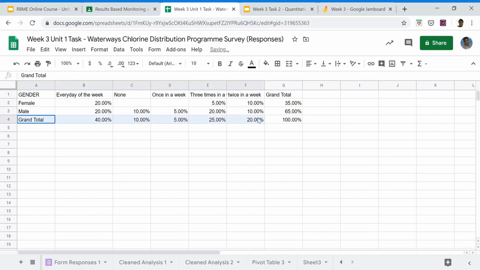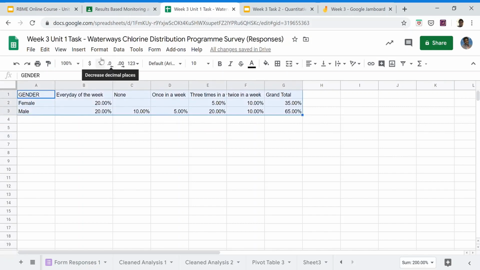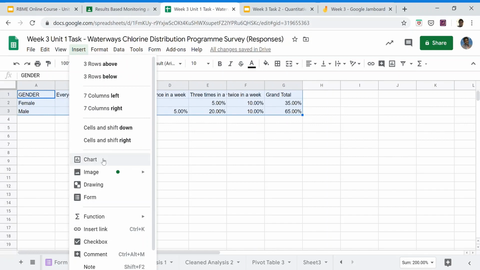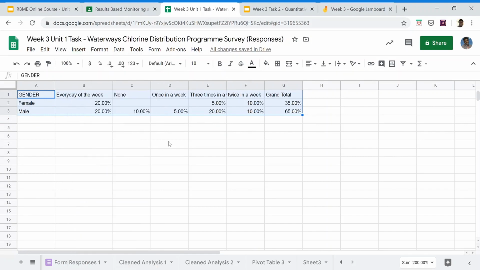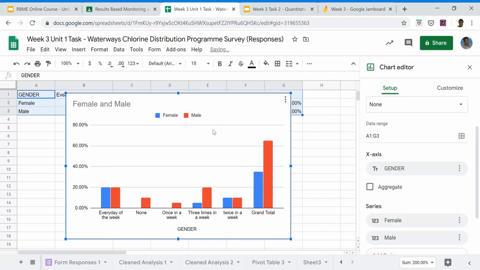With that, I do not need this part. We'll go to chart, insert chart. And boom. So I have a chart in here that I can use.